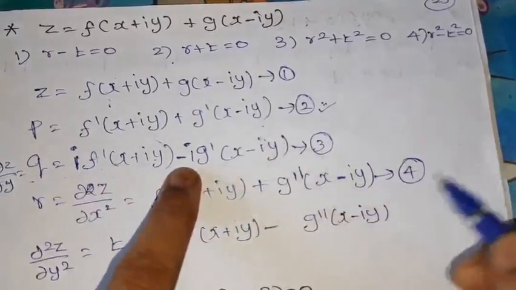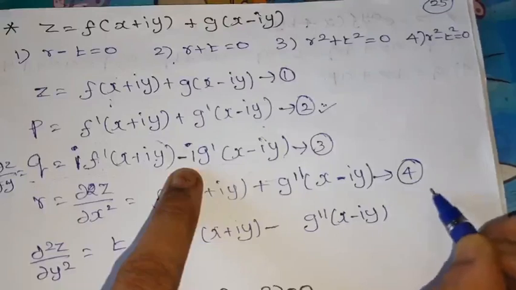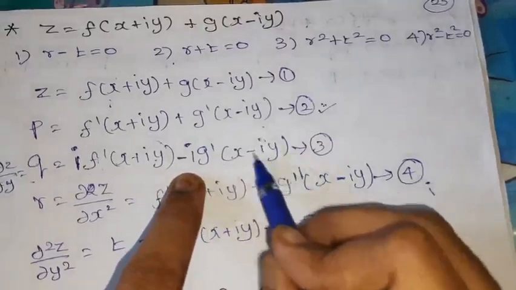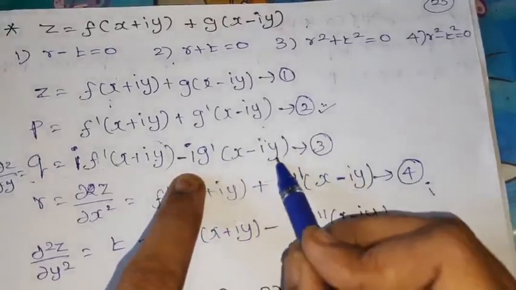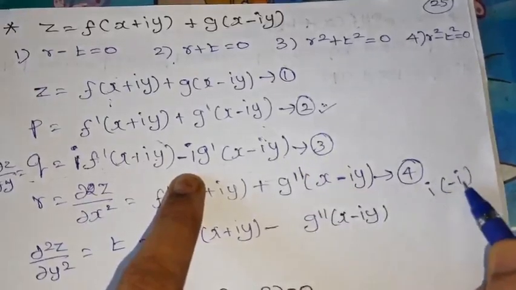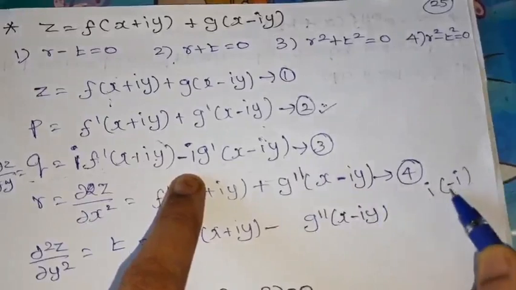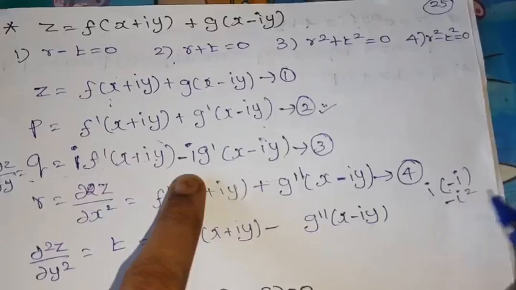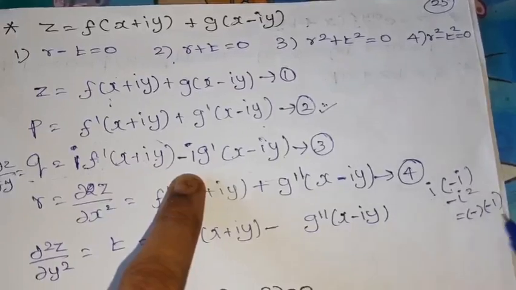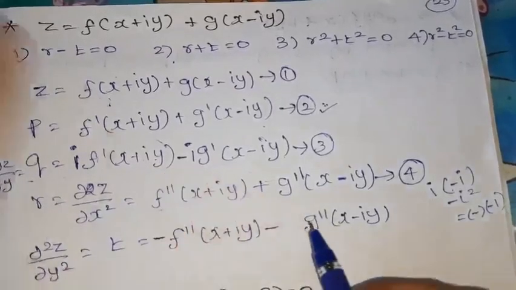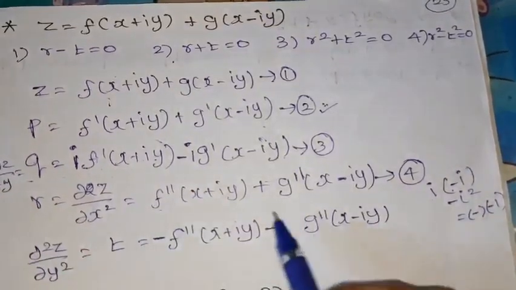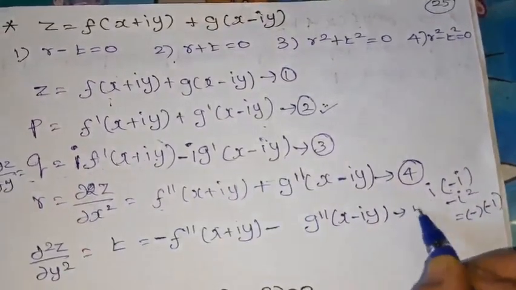Differentiating this term, we get minus i, so minus i into i is minus i squared, and i squared is minus 1. So minus 1 into minus gives plus 1 only. Already one minus sign is there, so minus of g double dash of x minus iy. It is equation 5.